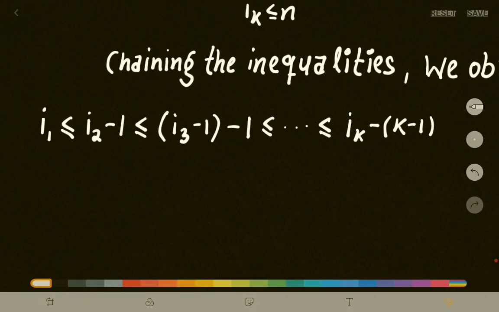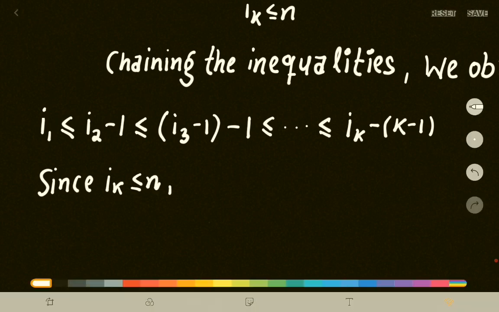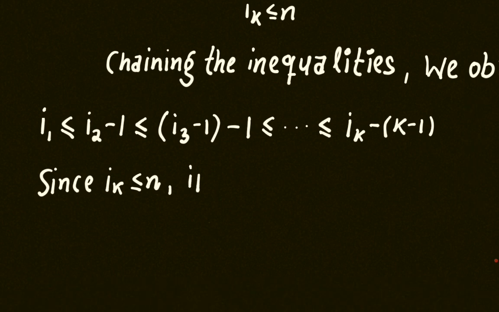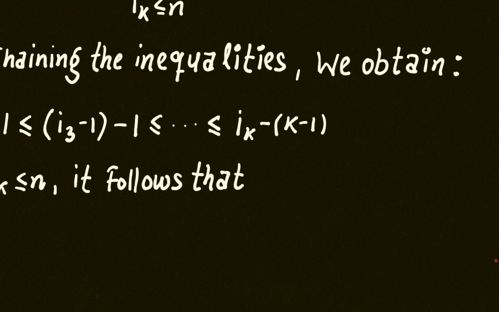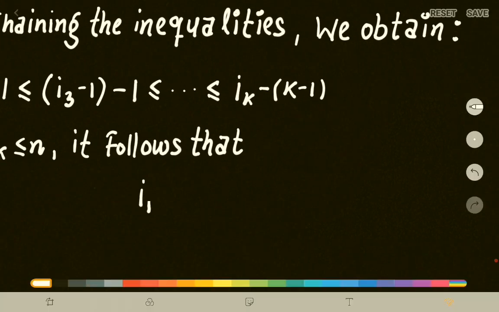Now since I sub k is less than or equal to n, it follows that I sub 1 is less than or equal to n minus (k minus 1).